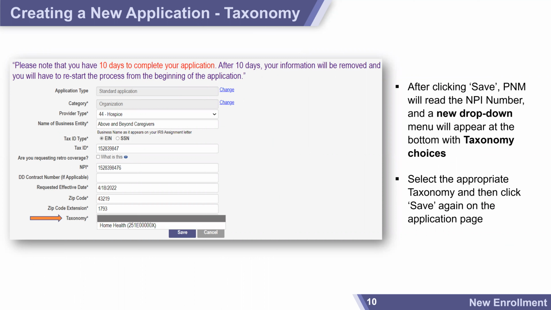You can click the drop down and select from the taxonomies listed. Based upon that, the provider is going to determine if they have just the one taxonomy or multiple taxonomies. Once you've got everything input and you feel that the screen is accurate, then you will hit save, and that will actually take you into the application.